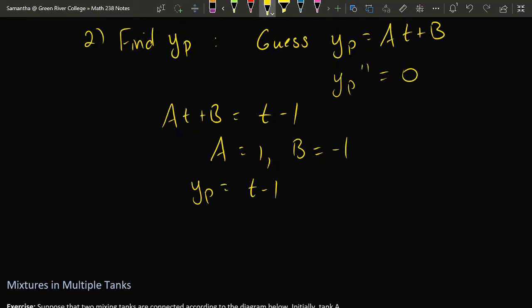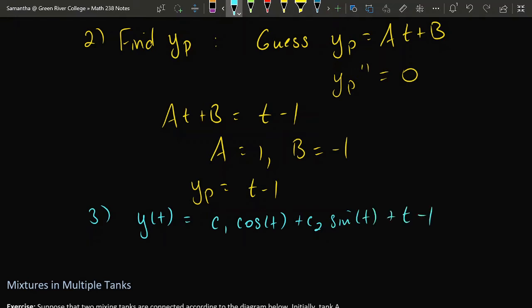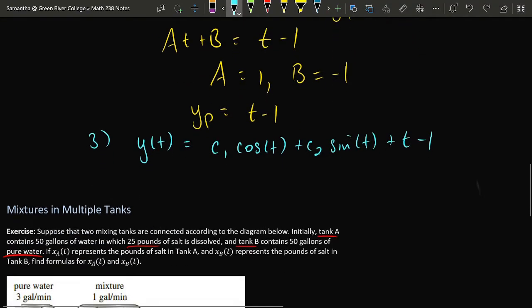And so from that, we get our general solution. The general solution for y is equal to c1 cos t plus c2 sine t plus the particular solution t minus 1.